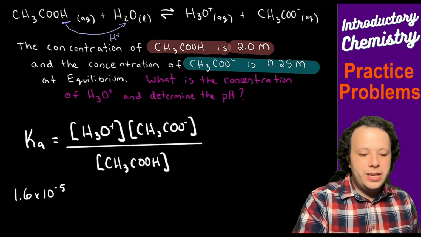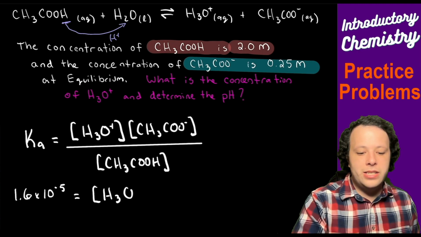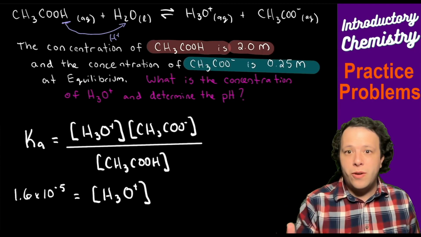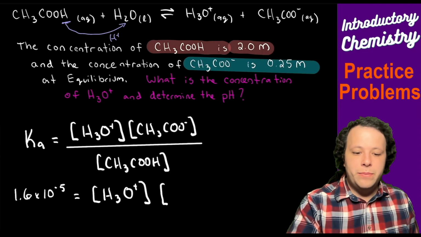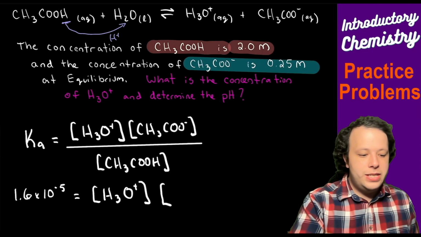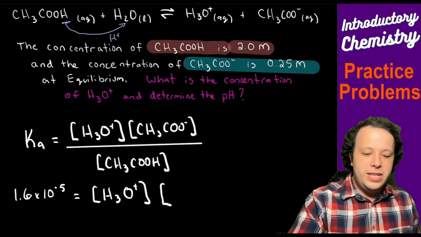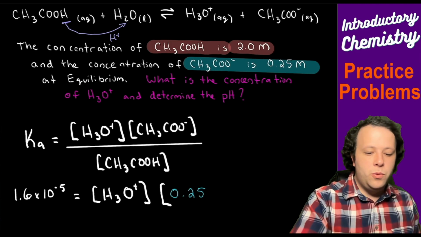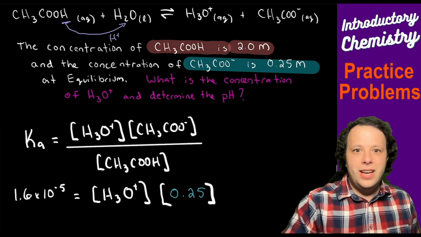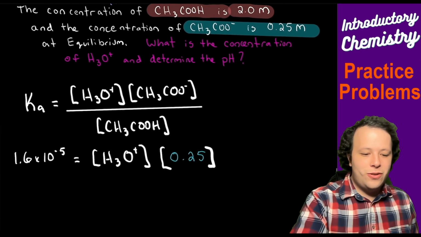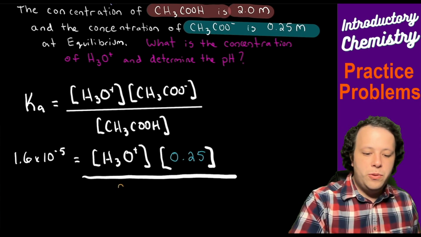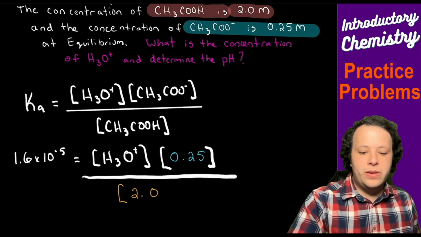So when we plug that in, we can now take our formula and plug in all the concentrations. H3O plus is our variable. We're trying to find that. We can plug in the concentration of CH3COO minus, which was 0.25, and then we also had our concentration of acetic acid, which was 2.0 molar.